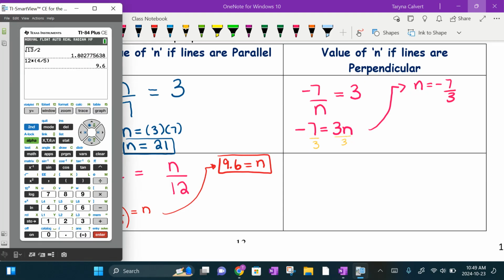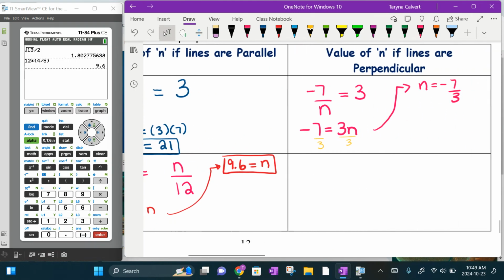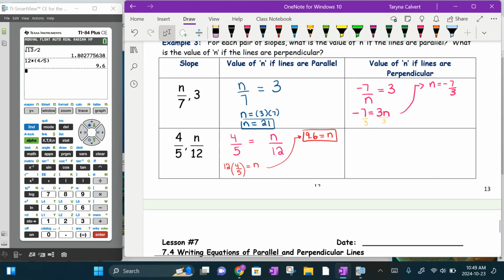Can you check to see if you did it right? Because that looks like it's not a nice number, but you guys would be able to see if you go negative 7 over 3. I'm just putting it back into my original. So I'm putting negative 7 over 3 in for n, and then I'm going to divide that by 7. Math, enter, enter.